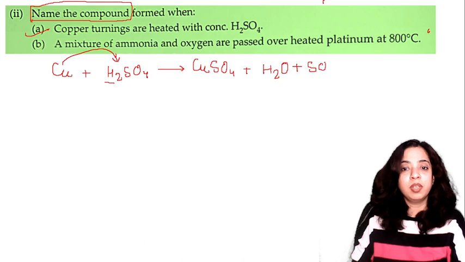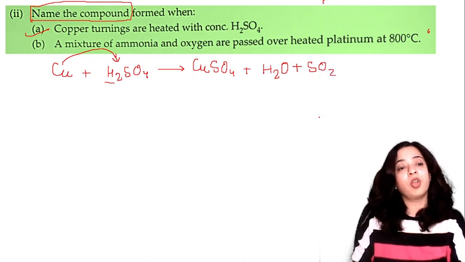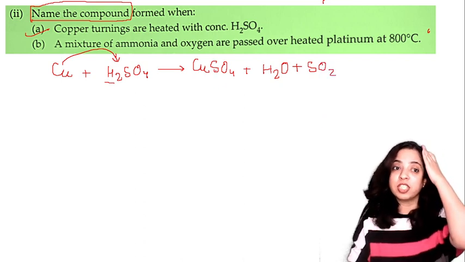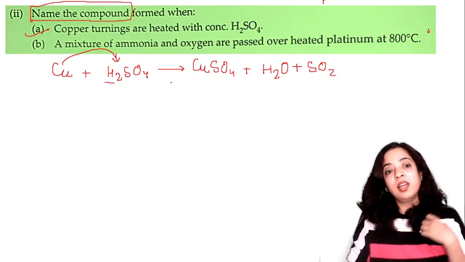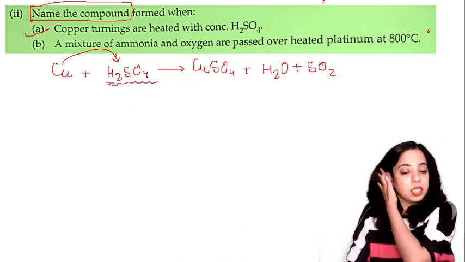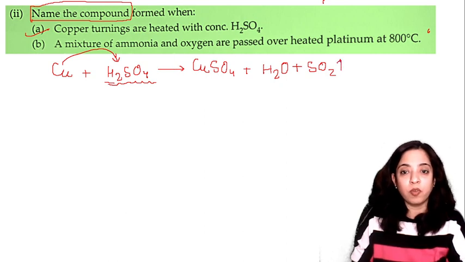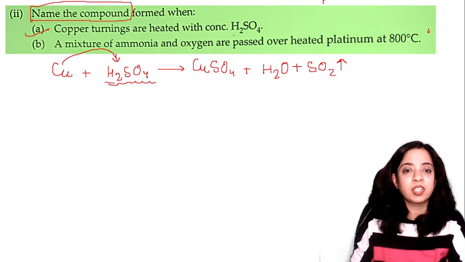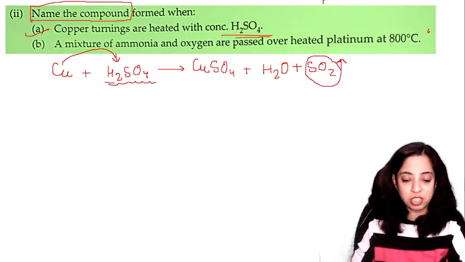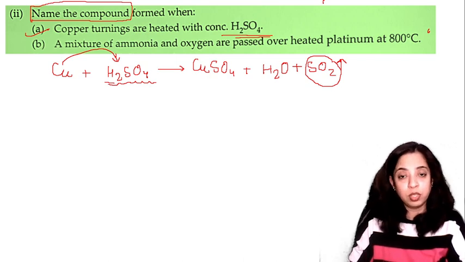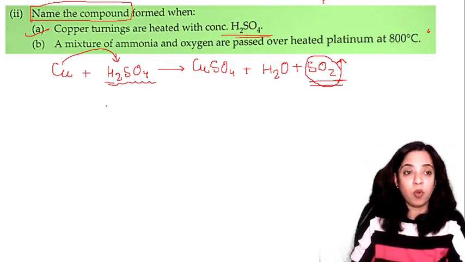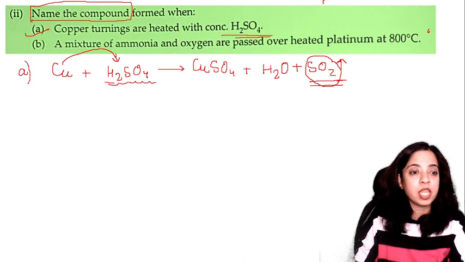If you have seen my video session on this chapter, you will know very well the reactions of sulfuric acid, right? So this SO2 is evolved. So name the compound formed when copper turnings are heated with concentrated H2SO4. Which compound will you see? You will see basically SO2 because this is the gas which will be evolved. So this was A.